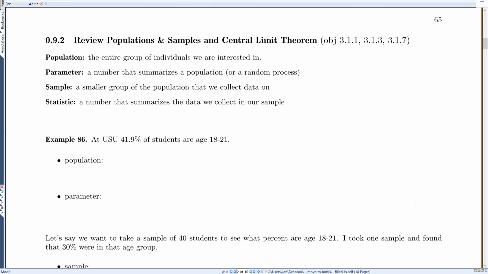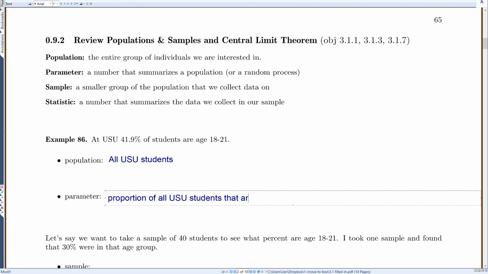So back to our example, at USU, 41.9% of students are age 18 to 21. So the population would be all USU students. The parameter is the proportion of all USU students that are 18 to 21.